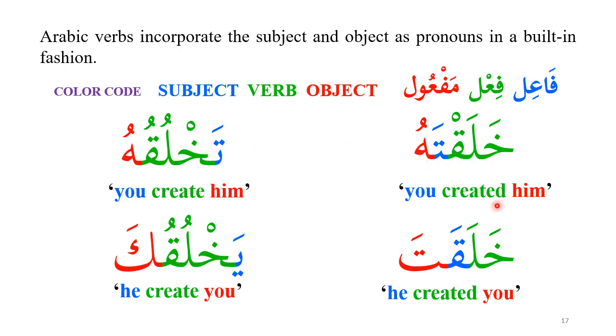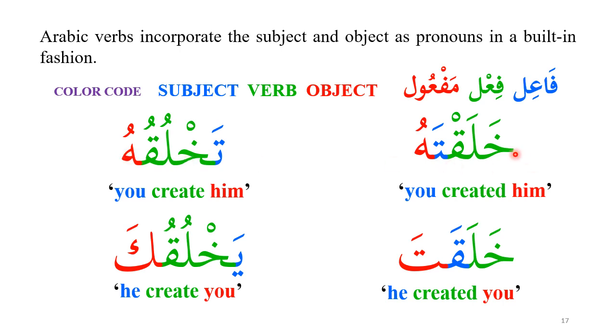And this is created, in the past tense, and in the present tense, takhluquhu, you create him. The reason it is like this is that in the present tense, or when the action is ongoing, first the subject comes, then he's doing the action on the object.